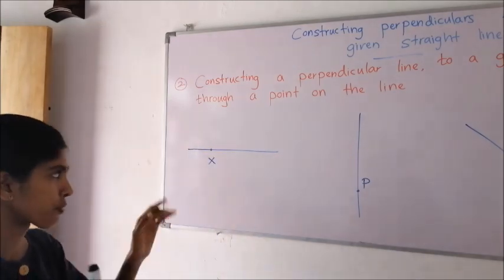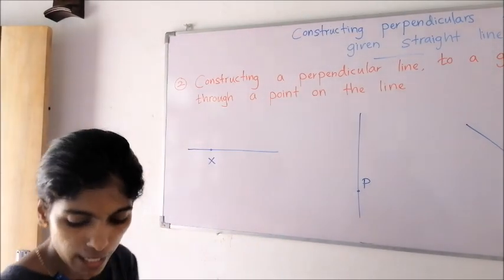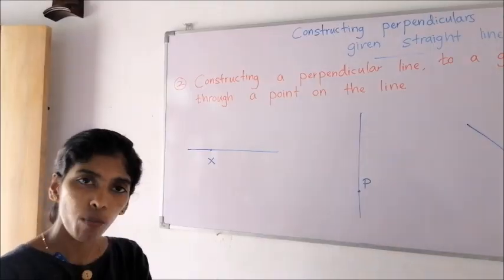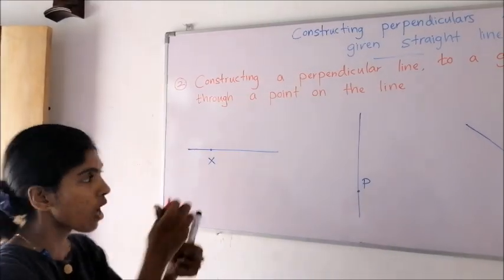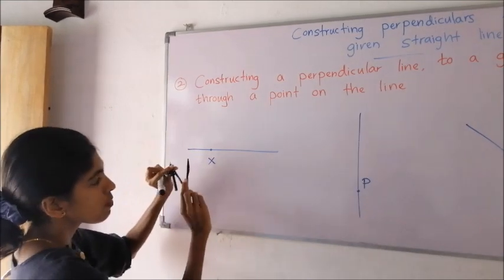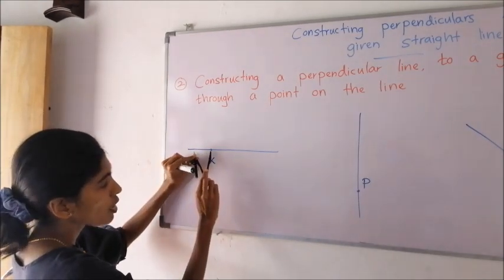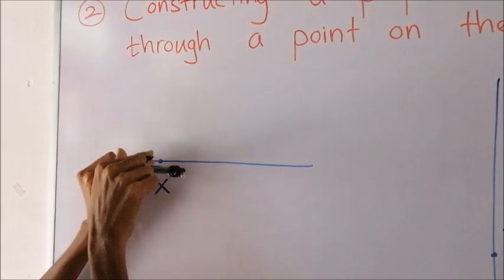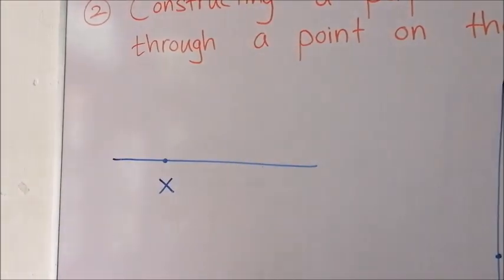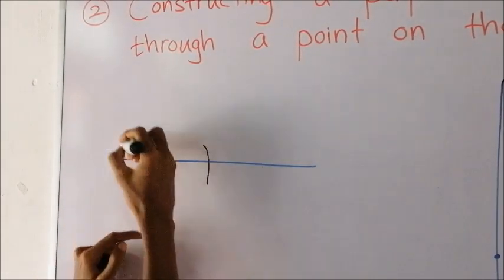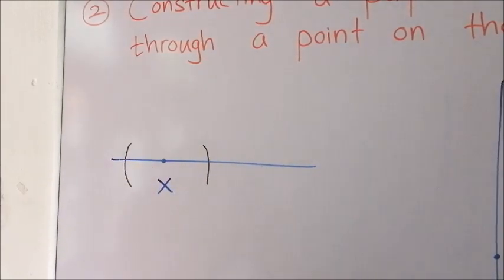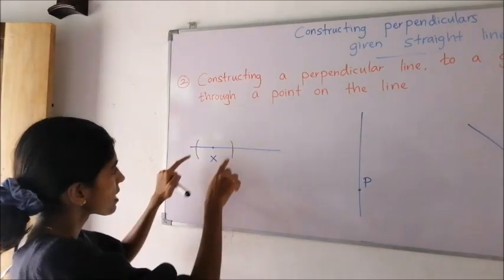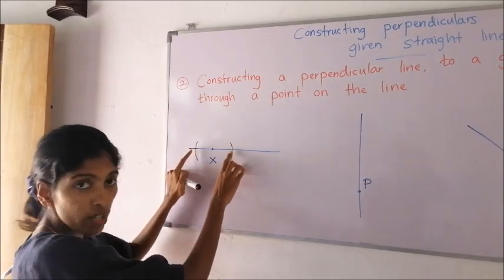to this line? See, take the compass again. You can open it to any length, no problem. Then, keep the middle point at the given point on the straight line. Then, from either side, you can draw 2 arcs like this. Now we can see 2 new points are formed.